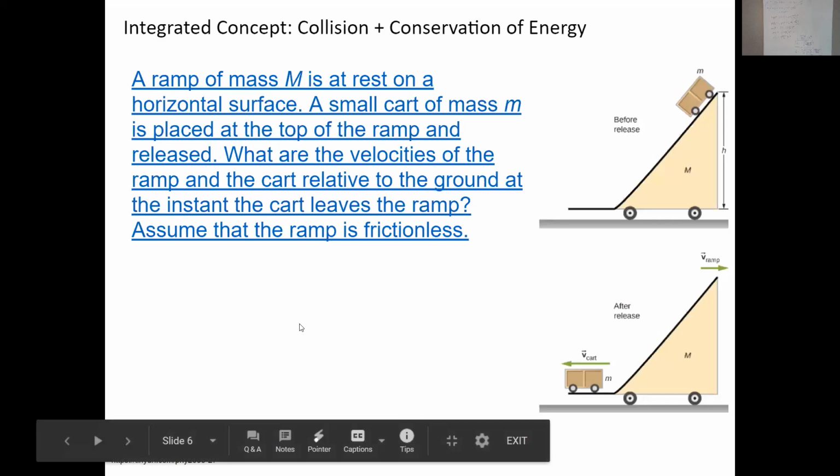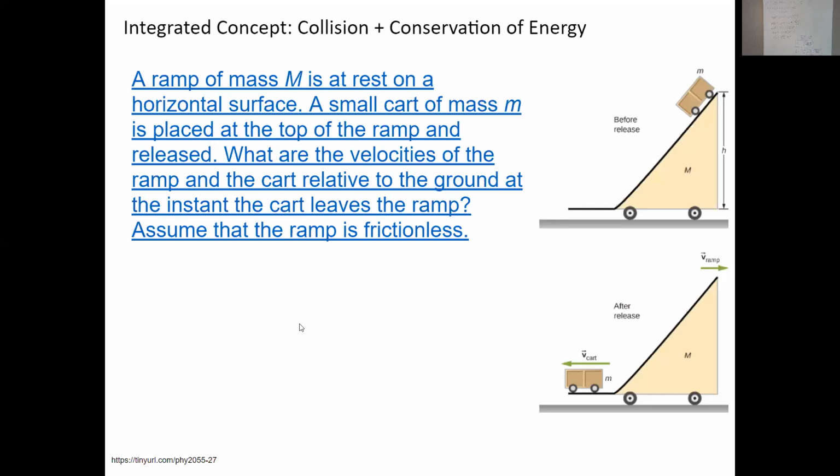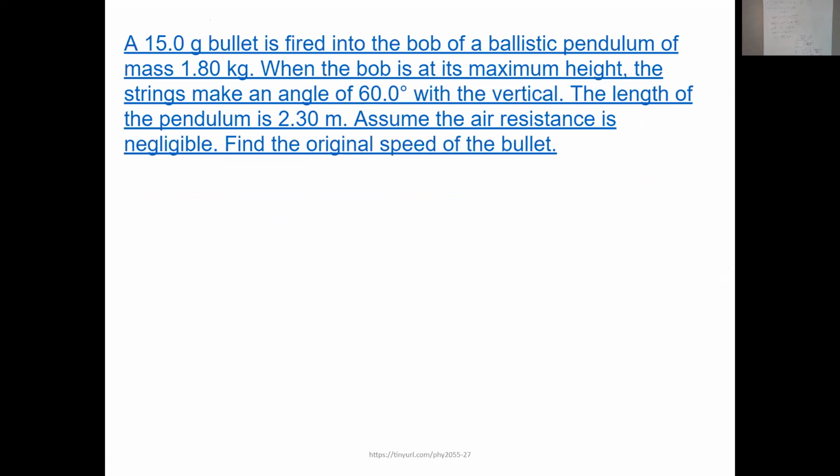So let's go back to the PowerPoint slide here. If you guys are clear with this one, you can go ahead and try this example by yourself. Okay, so this one again should be a combination of conservation of momentum and conservation of mechanical energy. But in this case, you'll divide the motion into two parts.